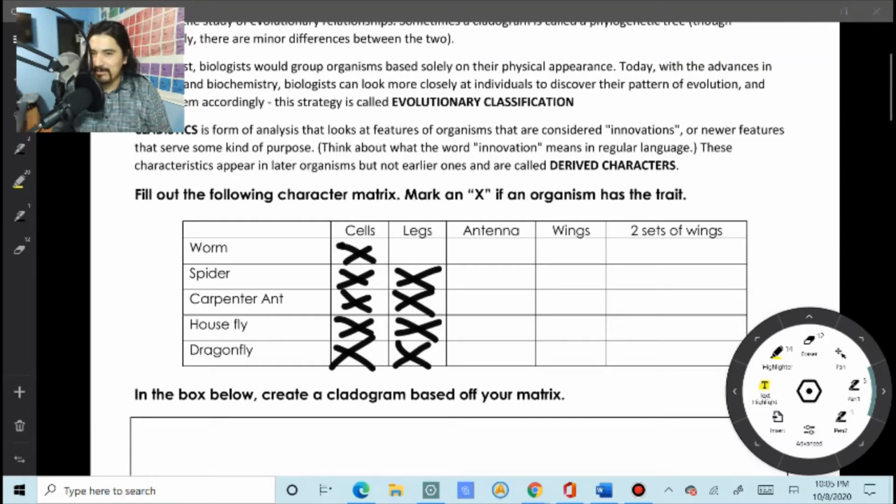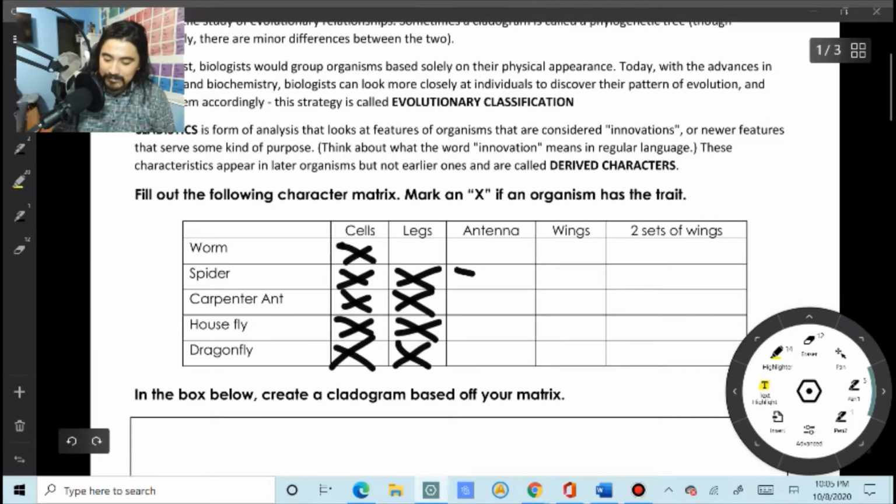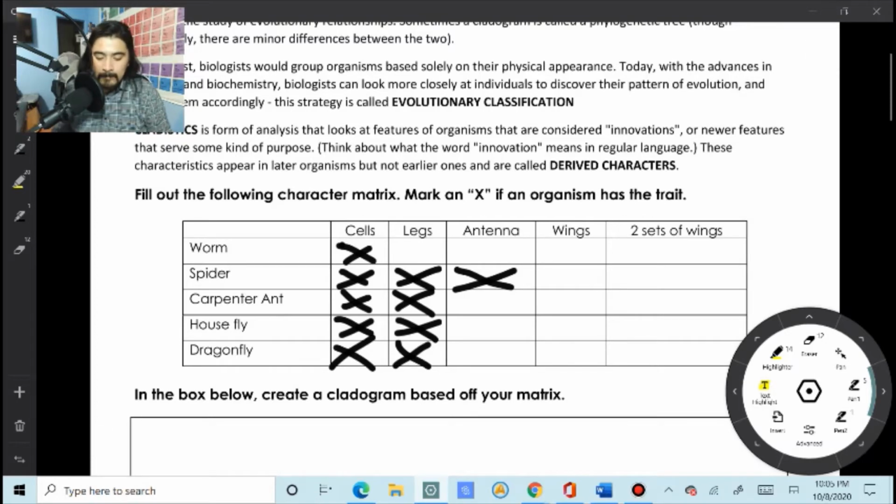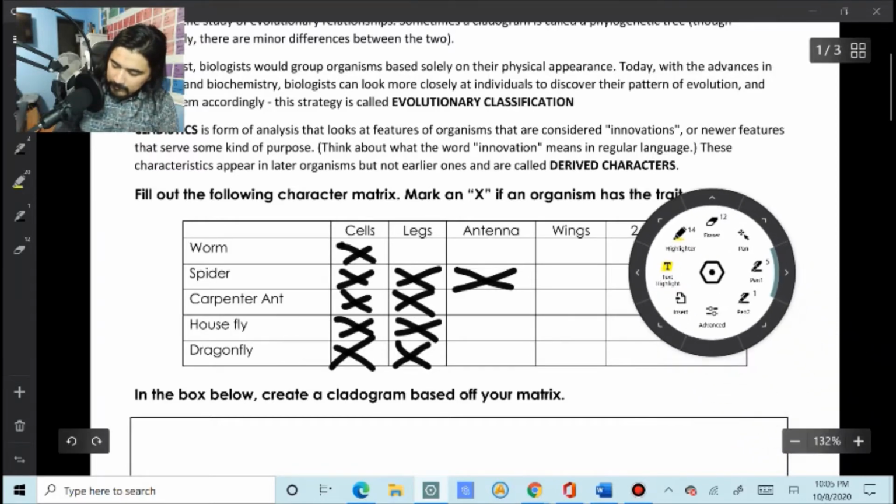What about a carpenter ant? Pause. Yes, carpenter ants do in fact have antenna, so we're going to put an X there. Oh, sorry about that. Wrong area. So let's just fix that really quickly. There we go.